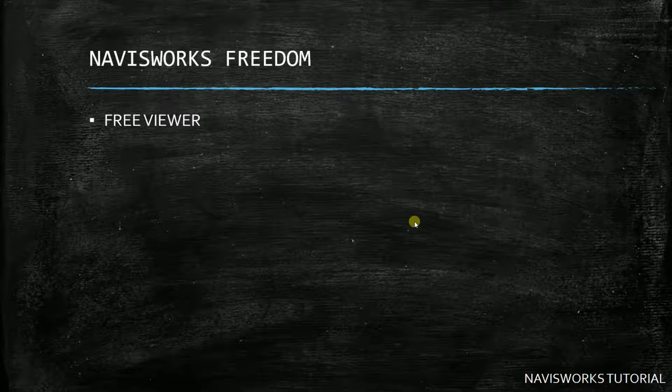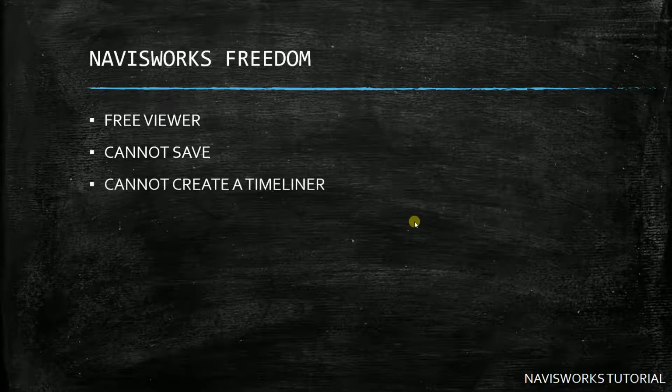So you cannot do editing, you cannot save the file, and although it has a timeliner, you cannot use the timeliner in Navisworks Freedom. You can only open files in NWD format. So basically, if you only need to view the project without editing or whatsoever, Navisworks Freedom is for you.